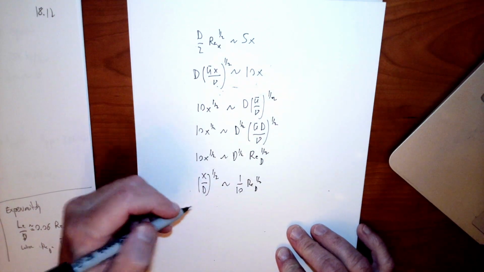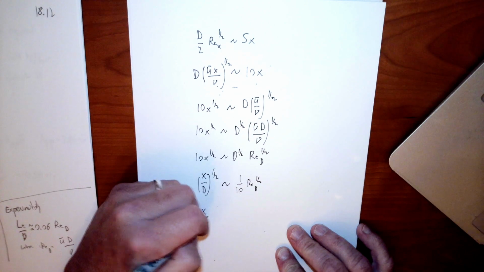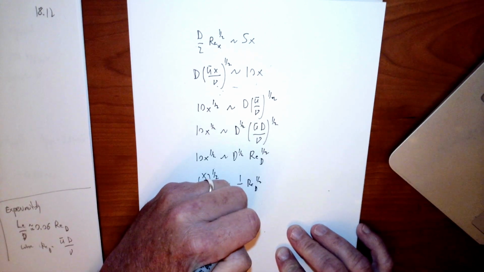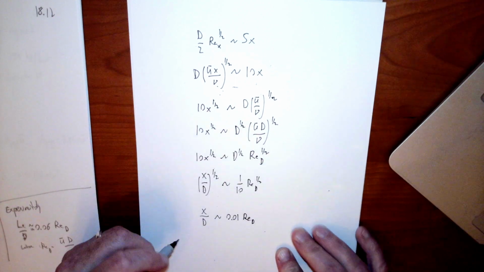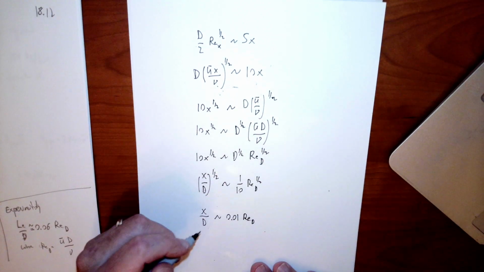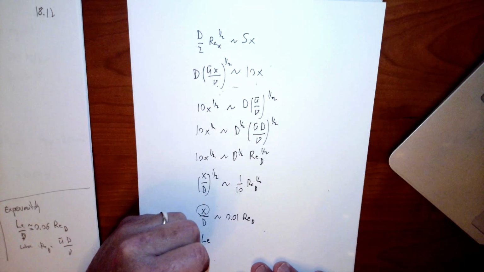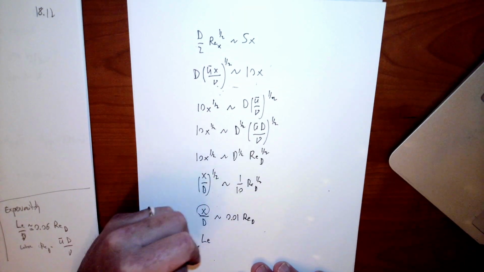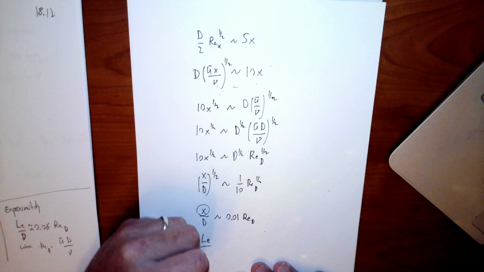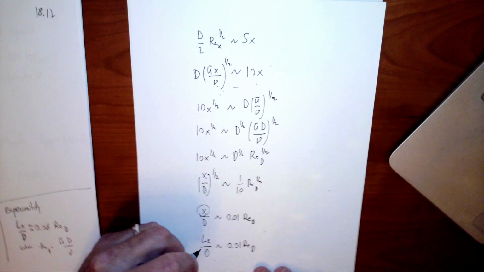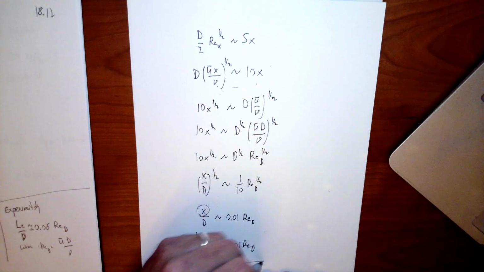And finally, I square both sides, and so I get x over d is of order 0.01 Reynolds number based on d. And that is my approximation. I'm going to say that that is my LE. So my entrance length over d is of order 0.01 times the Reynolds number based on that d. And that is my approximate answer.